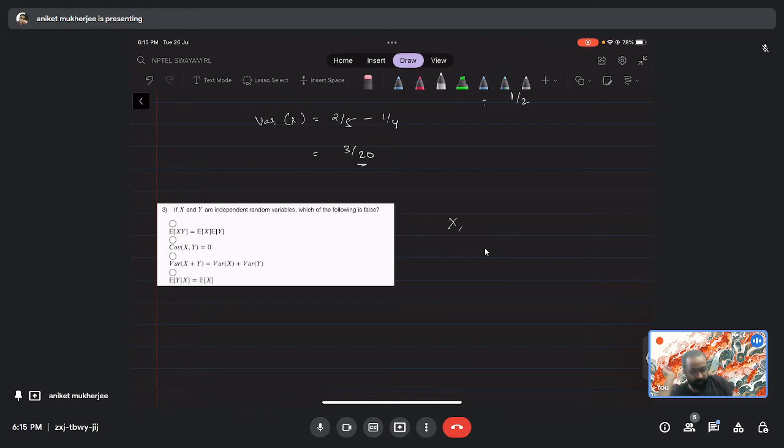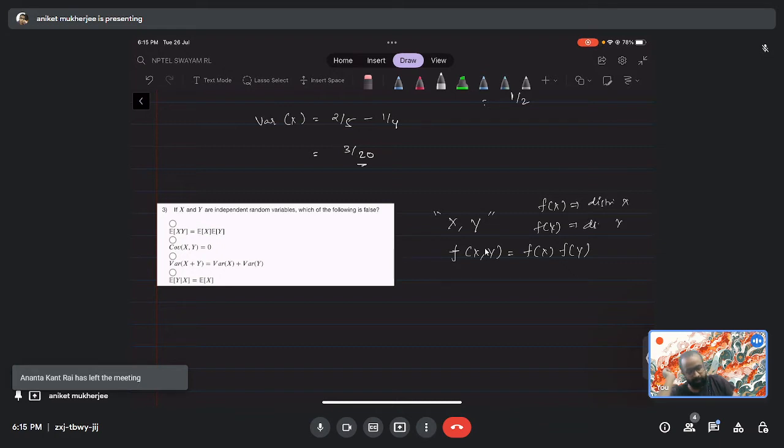If x and y are two independent random variables, then we can write that the joint distribution between them factorizes into the product fx times fy, where fx is the marginal distribution of x and fy is the density function of y. If it factorizes, then you can say that x and y are independent. That is an if and only if statement.